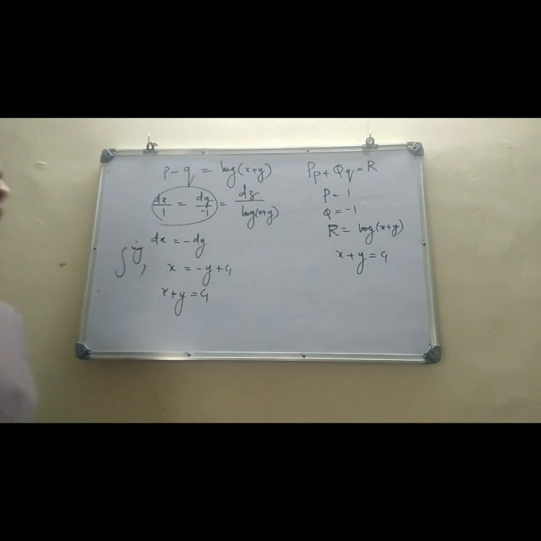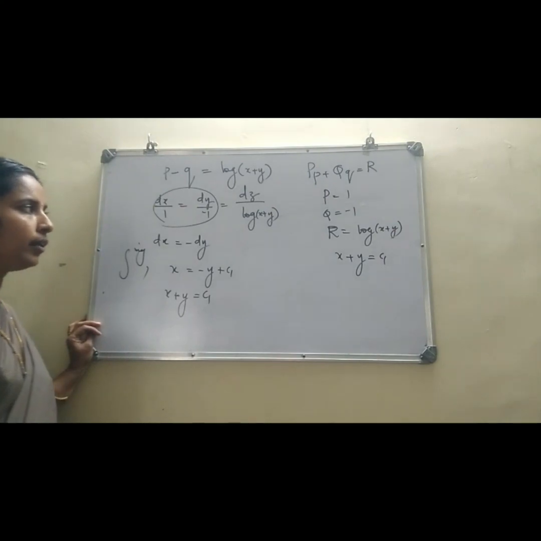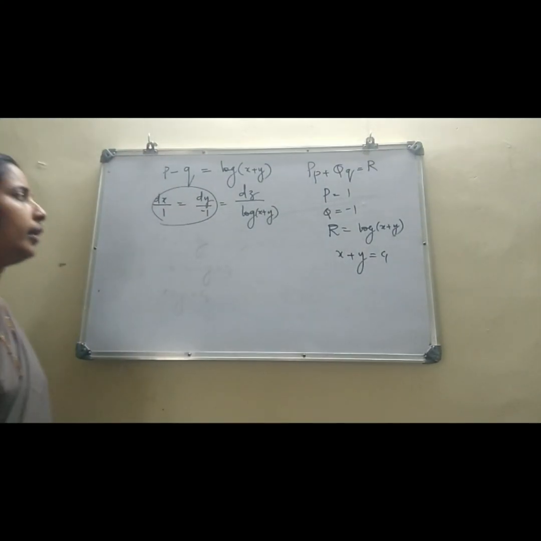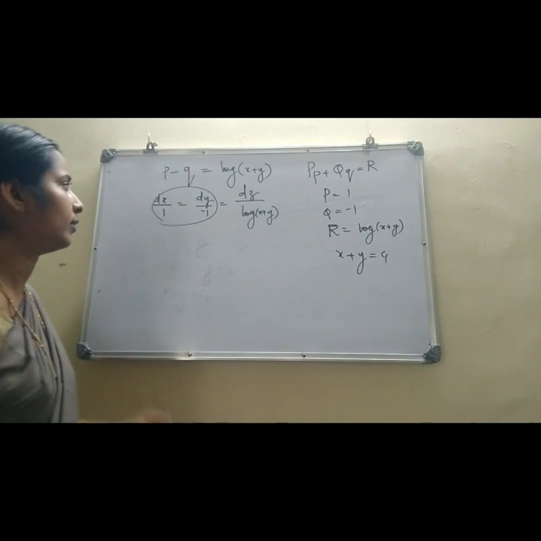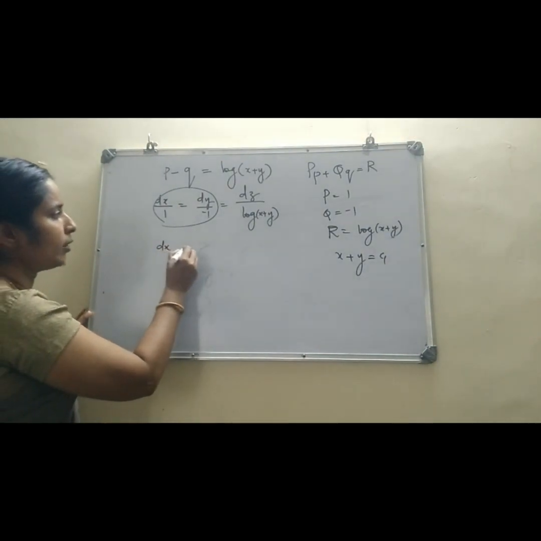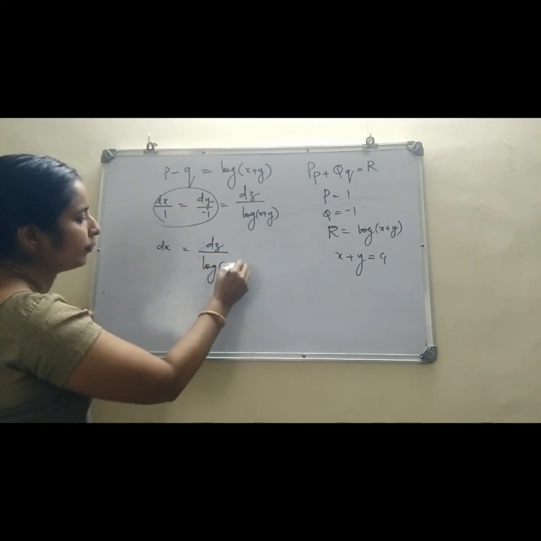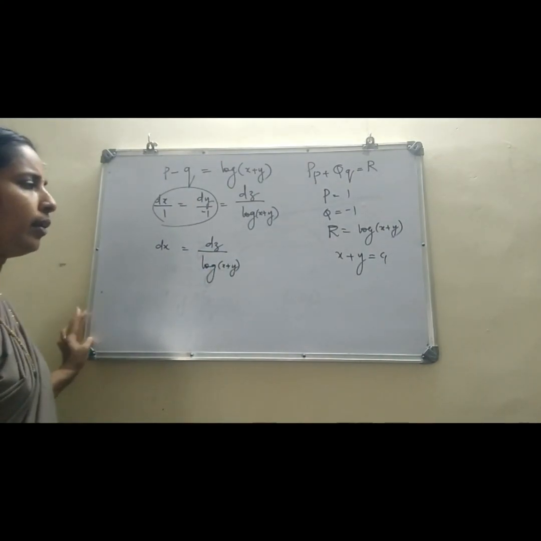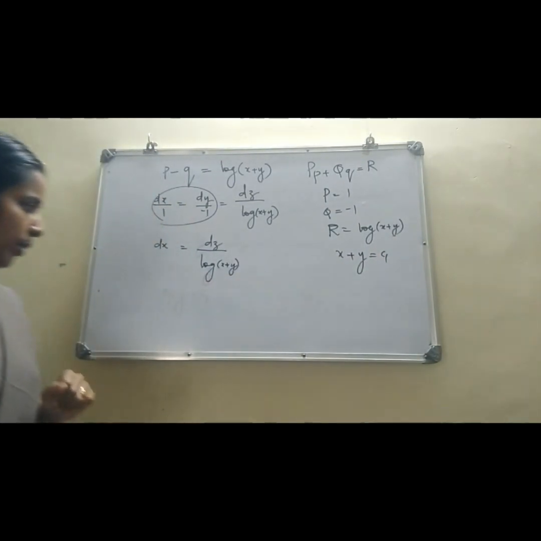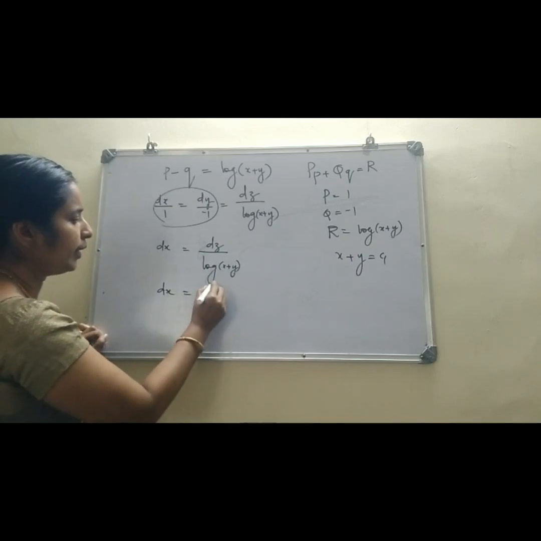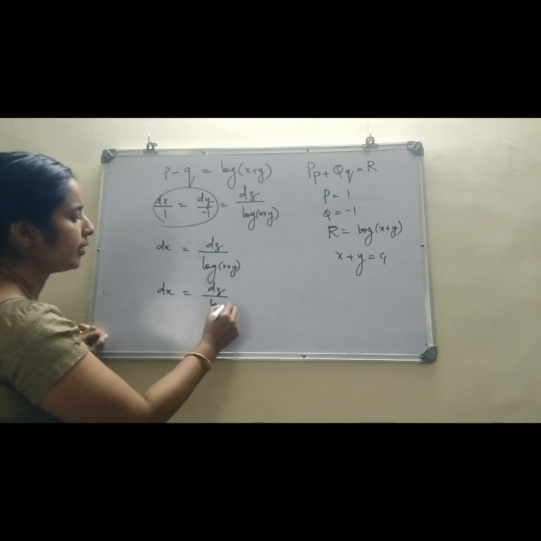Next, try to find one more solution. For that, you take another suitable combination. Let me take first and last. So, dx is equal to dz by log of x plus y. See, we know x plus y equal to c1 is a solution. So, you put x plus y equal to c1. That is dx equal to dz by log c1.